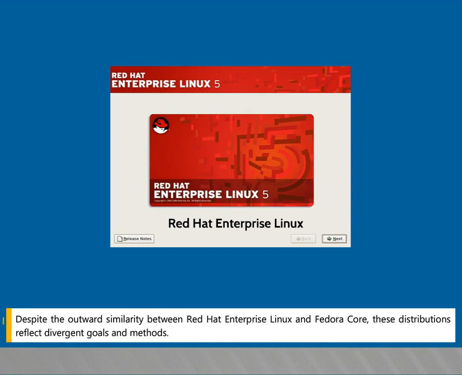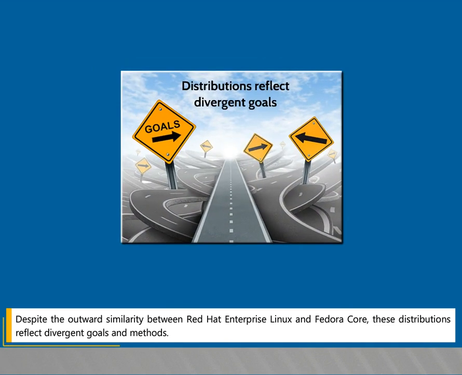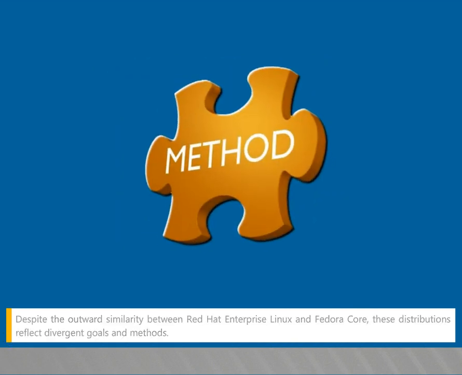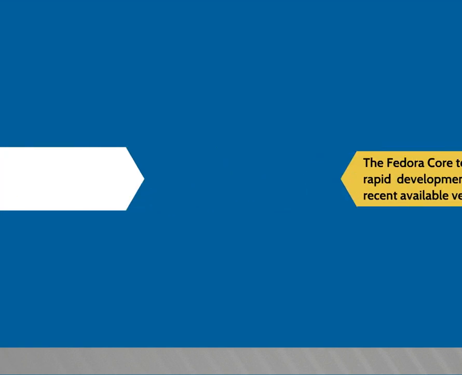Despite the outward similarity between Red Hat Enterprise Linux and Fedora Core, these distributions reflect divergent goals and methods. The Fedora Core team promises 2 to 3 releases per year of their distribution, a rapid development pace that will enable them to incorporate the most recent available versions of Linux software in a timely manner.